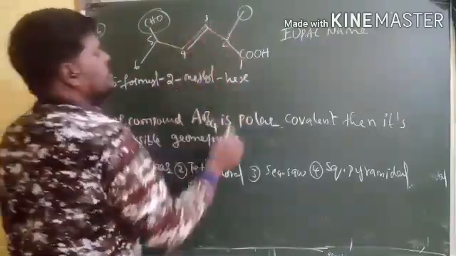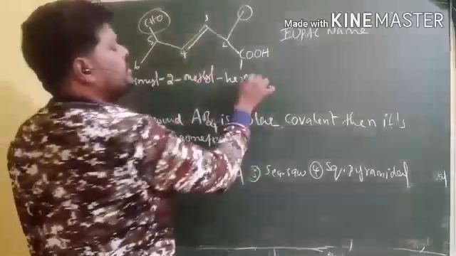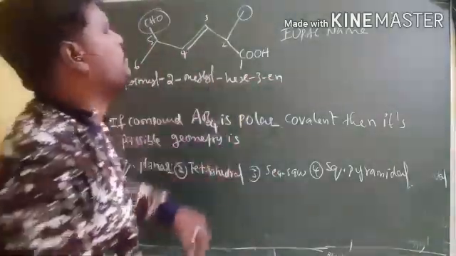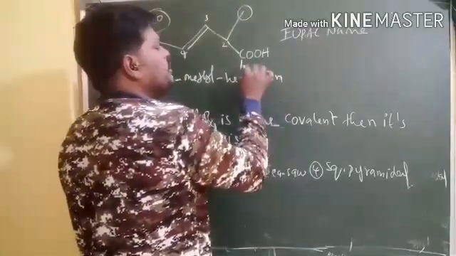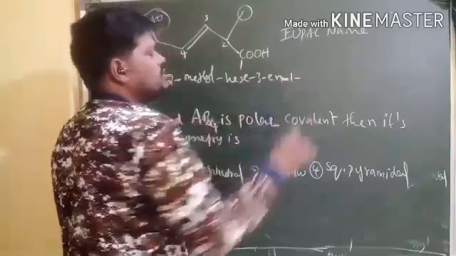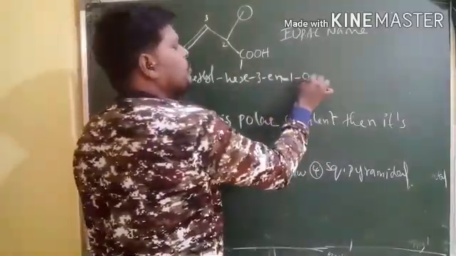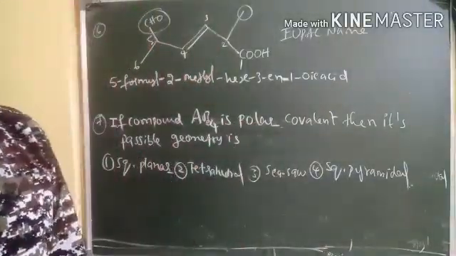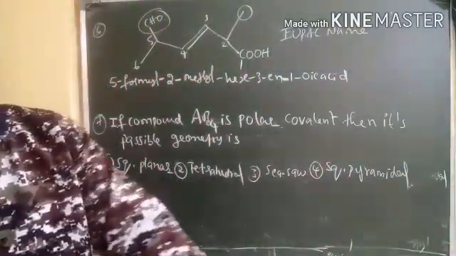What is the number for the double bond here? 3. Suffix for it, 3-ene. And what is the number for the functional group here? 1. So the suffix for the functional group, carboxylic acid, is oic acid, 1-oic acid. Yes, 1-oic acid here.